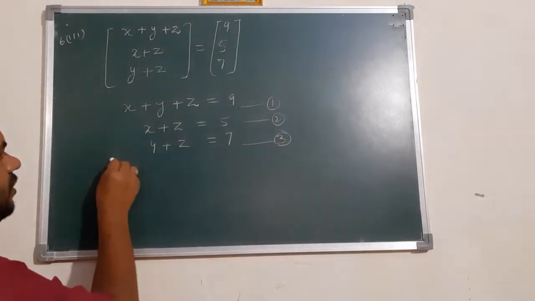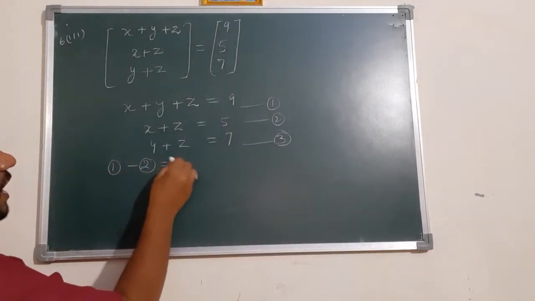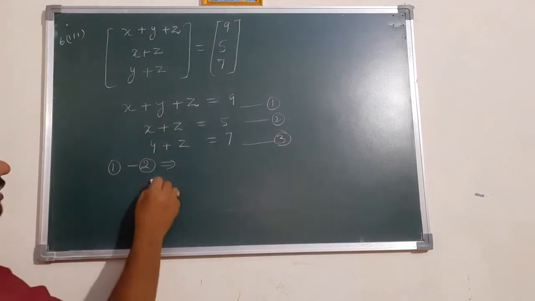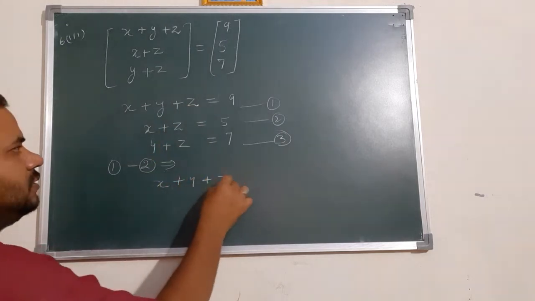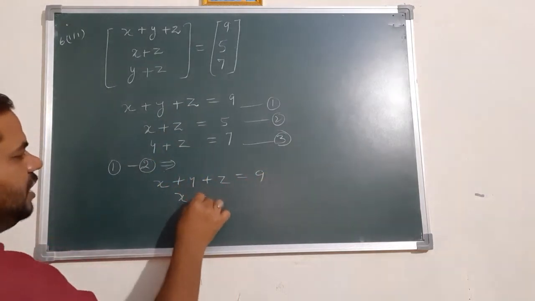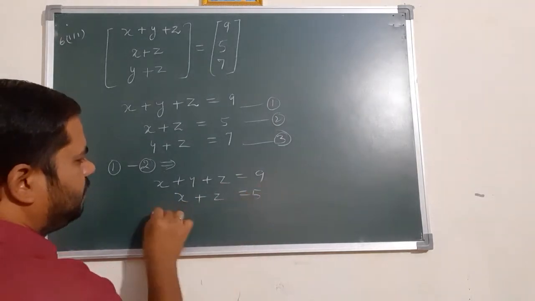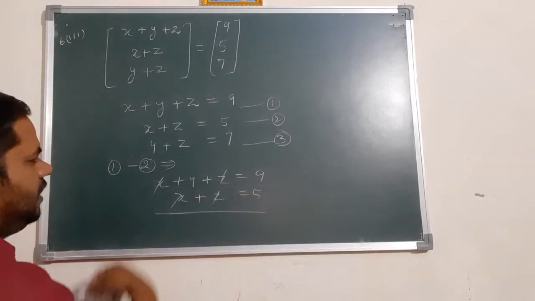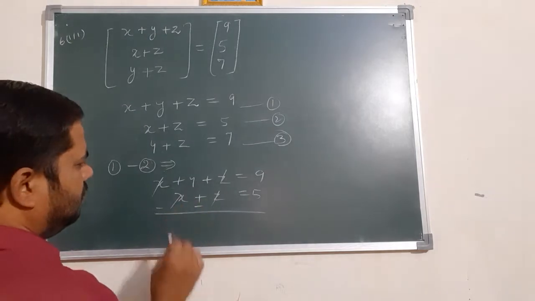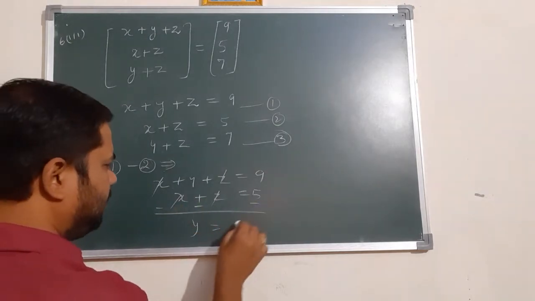If you subtract 2 from 1, we have x plus y plus z is 9, x plus z is 5. So x and z cancel out, and y is 9 minus 5, which is 4.